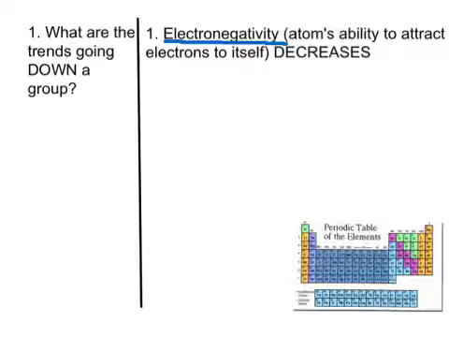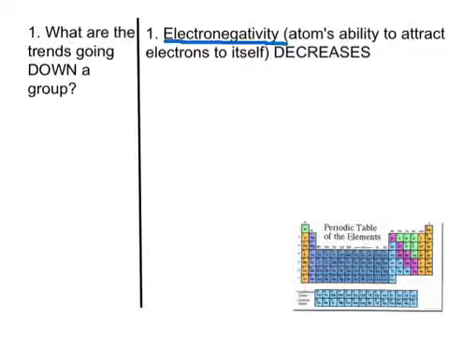I know you've learned in previous science classes the parts of the atom, the protons and neutrons in the nucleus, and the electrons on the outside. We'll review those in some lessons in the future. But atoms have electrons, and some atoms have an uncanny ability to attract electrons to themselves, and others don't. And here is the trend for that.